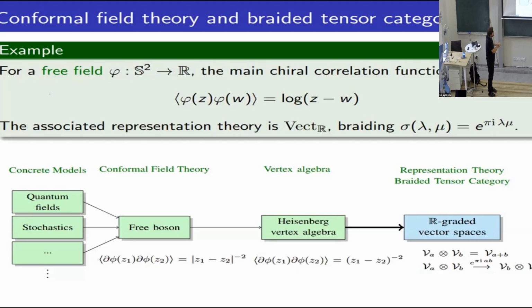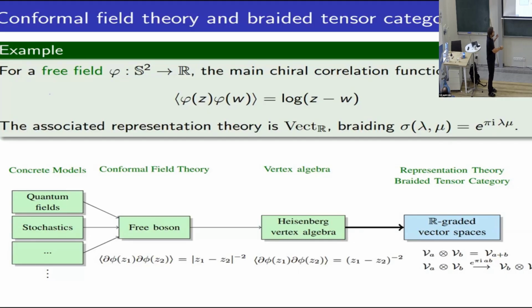And if we do the chiral part, then we have this vertex algebra, which has this multi-valued function, maybe in this case single-valued, but in general multi-valued. This is now the holomorphic part of it, and this is what I'm interested in on one side. The other side is the representation theory.